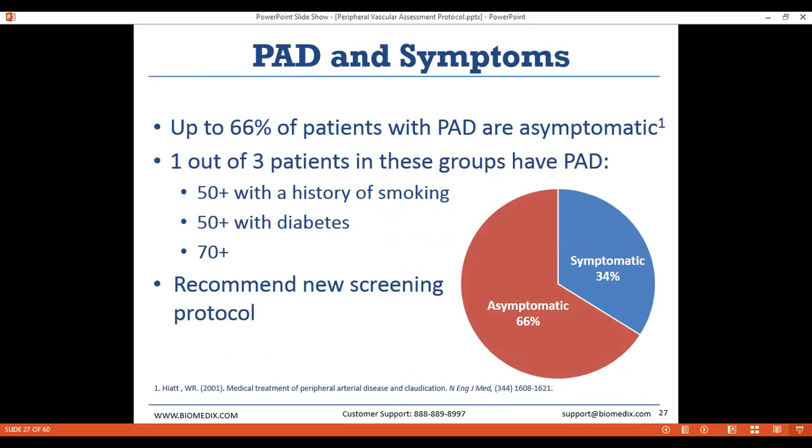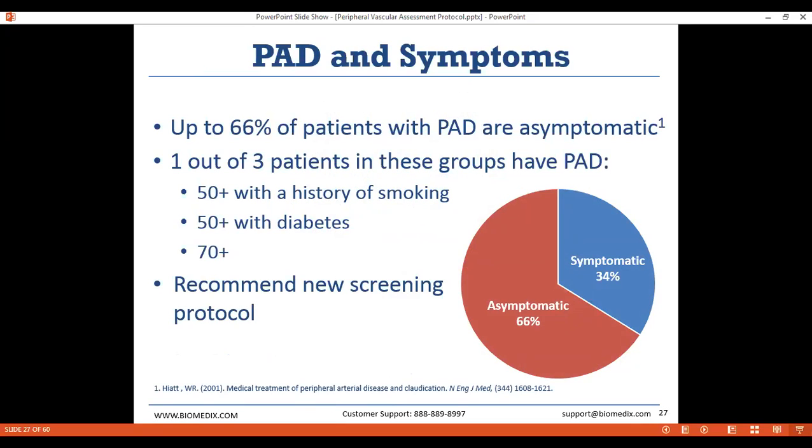Okay, so you've identified symptomatic patients using one of the four pathways that I identified on the last slide. You're testing all of those patients as they come in. That's great. However, about two-thirds of patients, and we're currently looking at this data, and I've seen other reports that say up to 75% of patients, are asymptomatic.